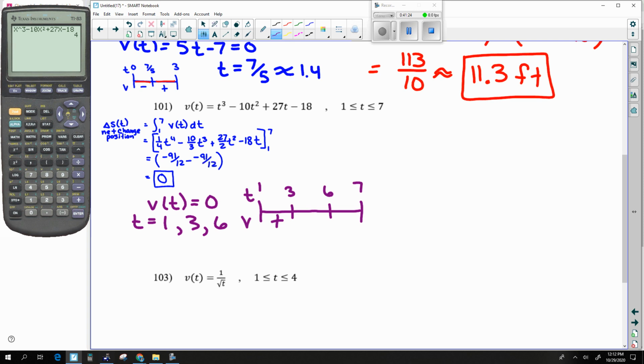Oh shoot, I could have just graphed this thing. Yeah, if this is the graph, what is it between 1 and 3? It's positive. Between 3 and 6, it's negative. From 6 to 7, it's positive. Duh, I could have just physically looked at that graph. I'm an idiot.